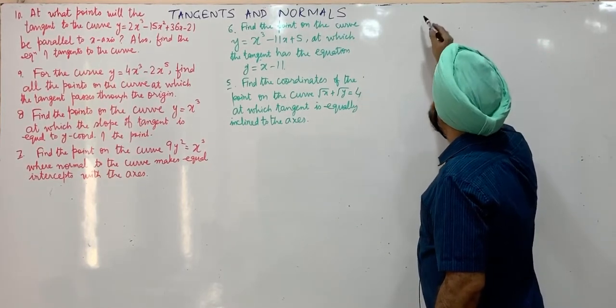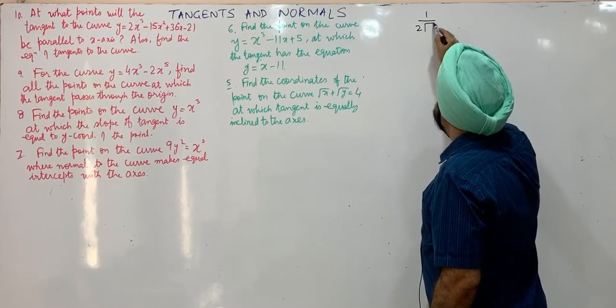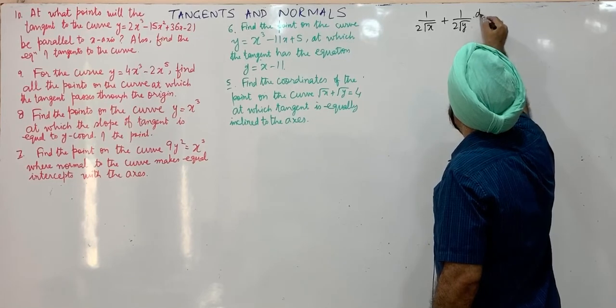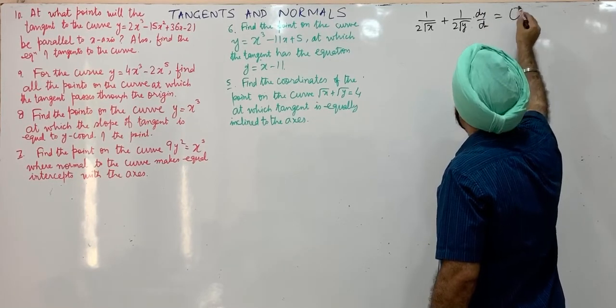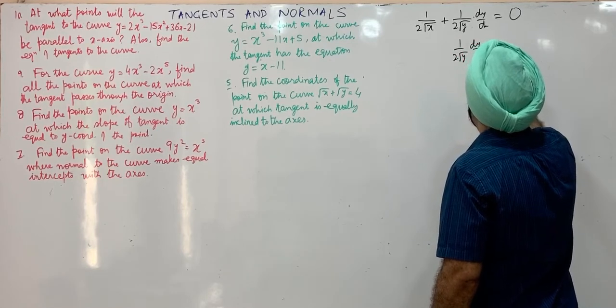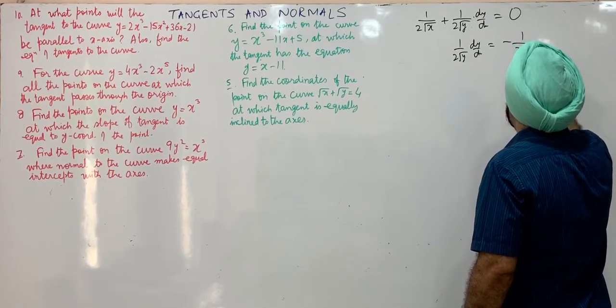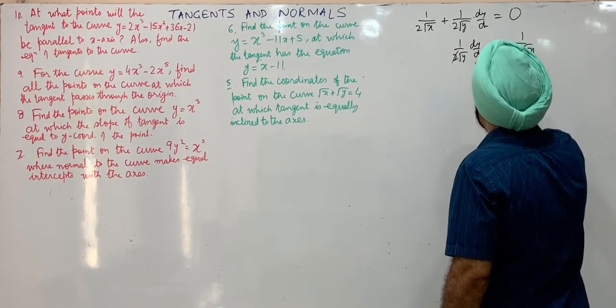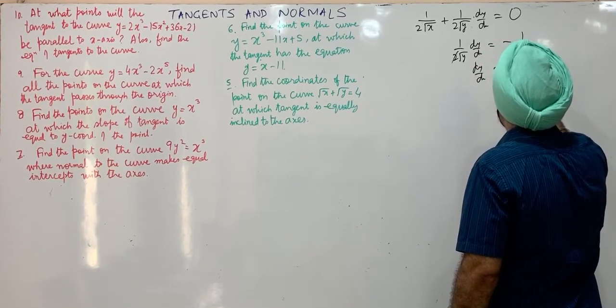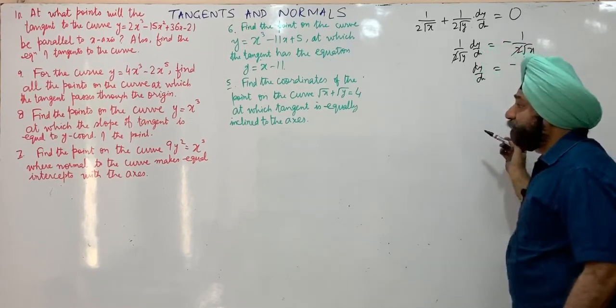Let's differentiate. 1 by 2 root of x, plus 1 by 2 root of y into dy by dx, is 0. 2 will cancel out. So dy by dx is minus root of y upon root of x.